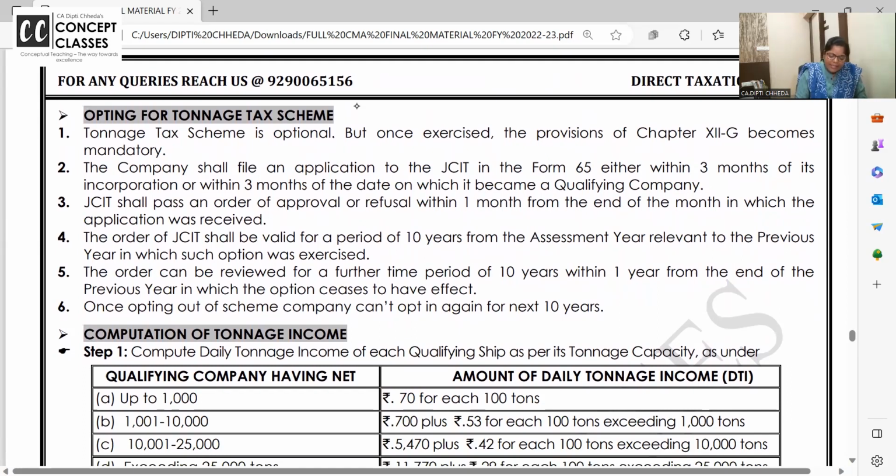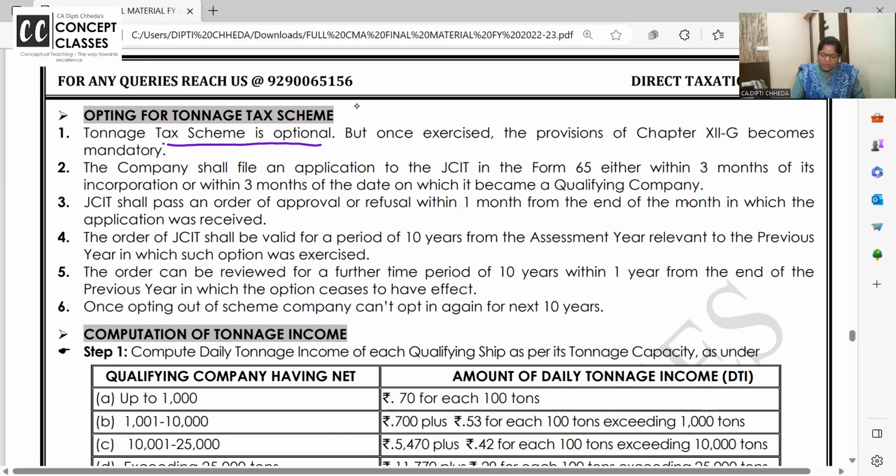Next, tonnage tax scheme is optional. Underline: once you exercise it, it becomes mandatorily applied. Company shall file an application to the Joint Commissioner of Income Tax in Form 65 within 3 months of incorporation or 3 months of the date on which it becomes a qualifying company.